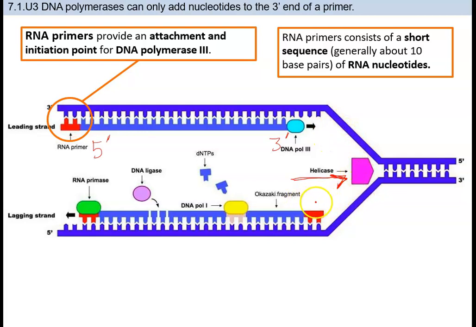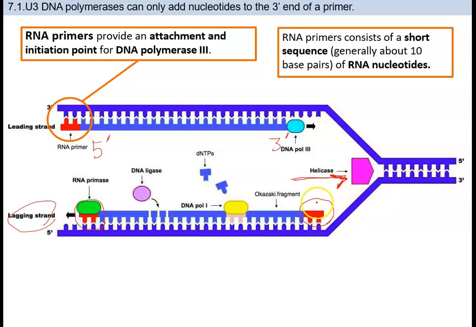And the opposite strand, which is not in the same direction as the helicase movement, would definitely be the lagging strand. And the lagging strand, as you know, has more than one primer. Here is only one, but here you can see in each Okazaki fragment at the beginning there will be one primer, and again one primer.